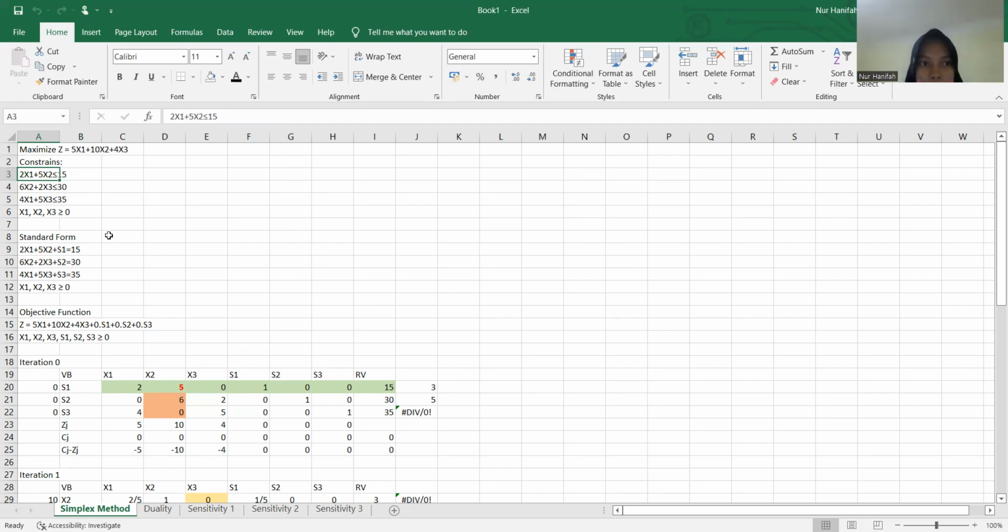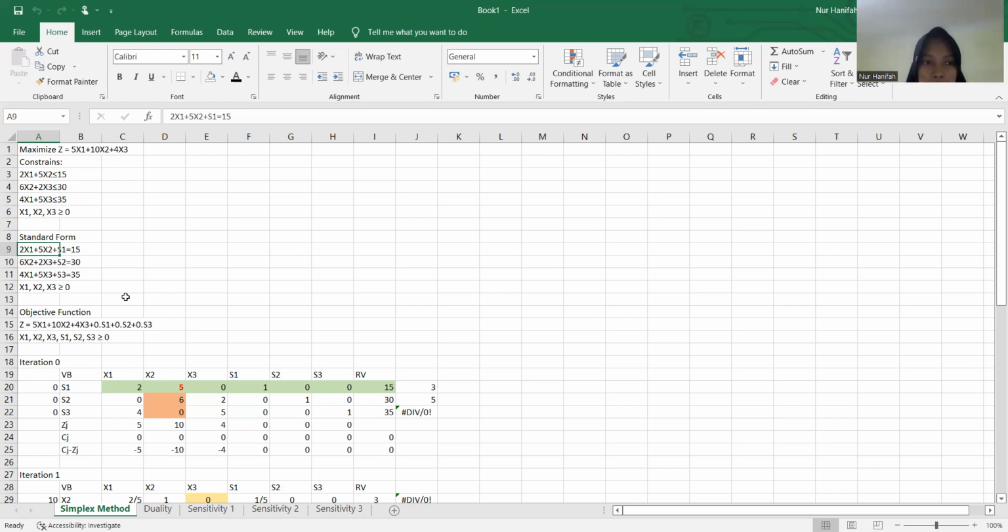And now we also have the standard form. Because these are less than or equal, we have to add slack variables. So the constraints become 2x1 plus 5x2 plus s1 equal to 15, 6x2 plus 2x3 plus s2 equal to 30, 4x1 plus 5x3 plus s3 equal to 35.